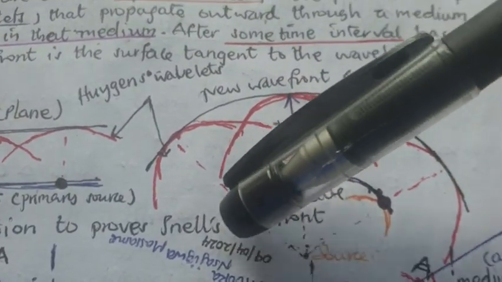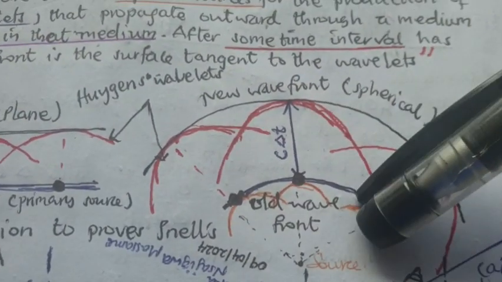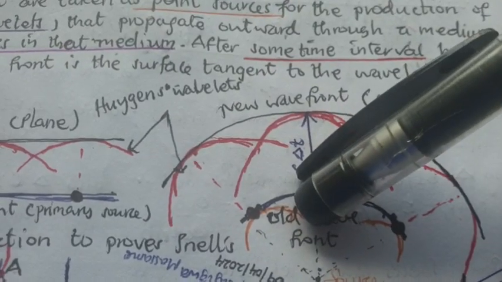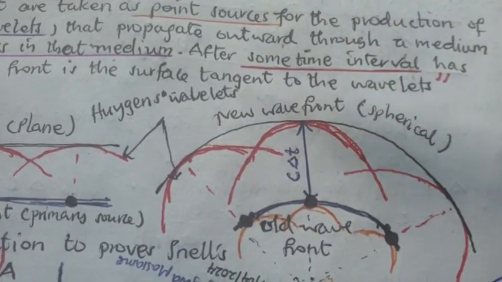Hence, we have three point sources: the first, the middle, and the last.